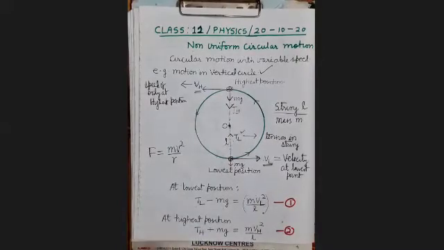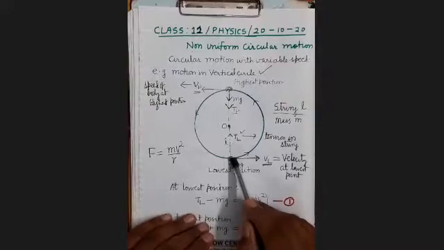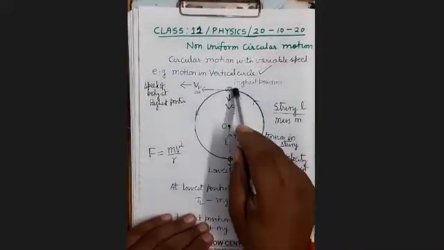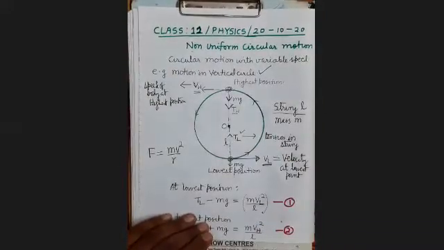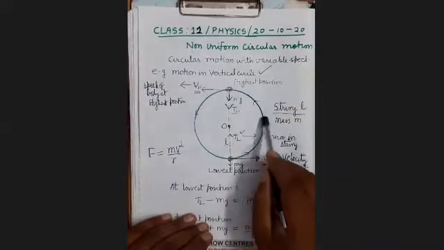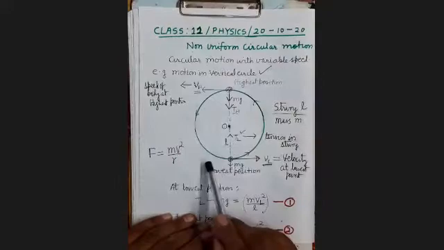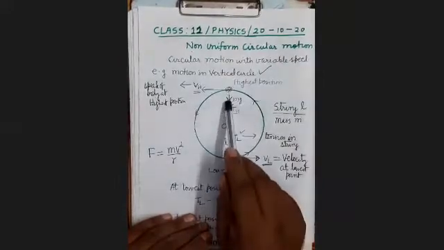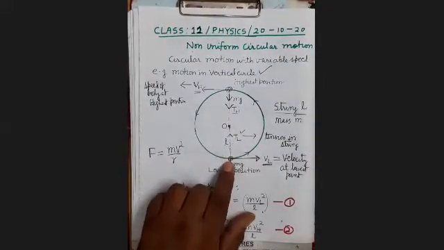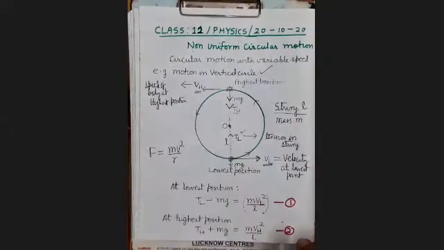As you know, when a body is moving from the lowest position to the highest position, what happens to its speed? Speed will decrease, but its height from the ground will increase. It's clear.